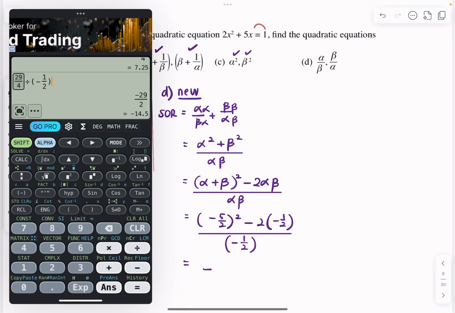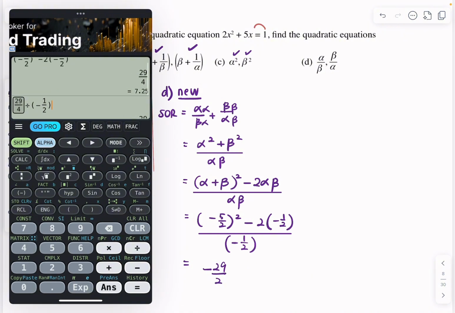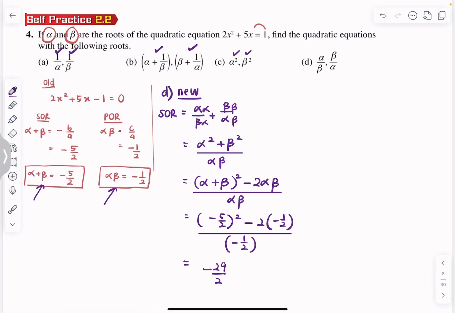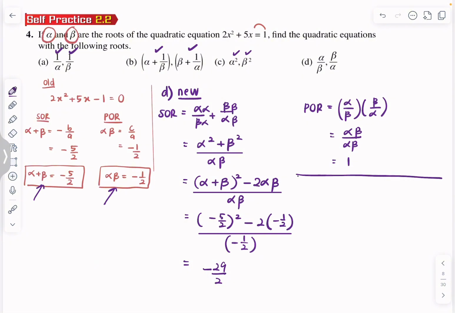So we get negative 29 over 2. Make sure you typed it all correctly. Right, then let's look at the product of roots. So product will be alpha over beta multiplied by beta over alpha. So here we are going to get alpha beta over alpha beta, which is just 1. It's not quite simple.